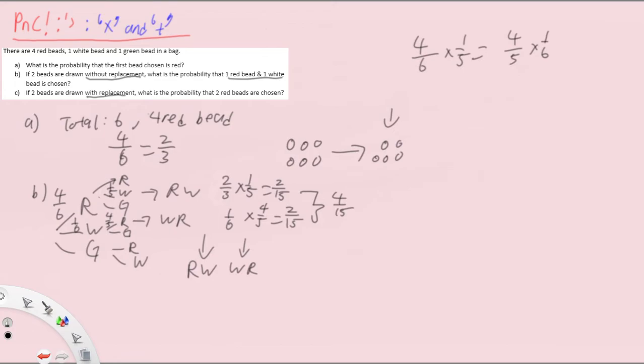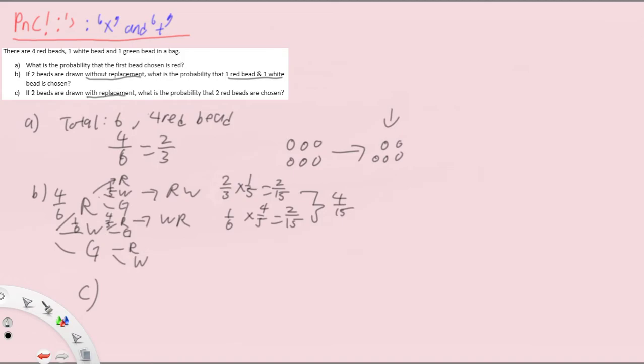So what we can really do is 4/6 times 1/5, and since there are 2 possible ways, we just times 2. Then we get the same answer, 4/15. Of course this only works if both cases have the same probability, so take note of that. That's the part of us applying both the multiplication and addition principle.